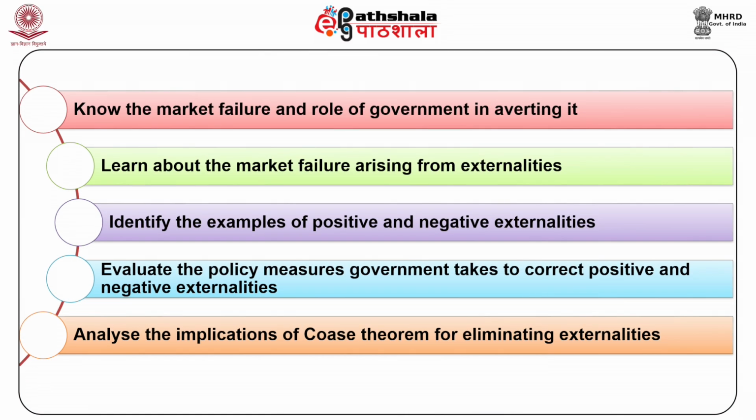After studying this module, you shall be able to know the market failure and role of government in averting it, learn about the market failure arising from externalities, identify the examples of positive and negative externalities, evaluate the policy measures government takes to correct the positive and negative externalities, analyze the implications of Coase theorem for eliminating externalities.